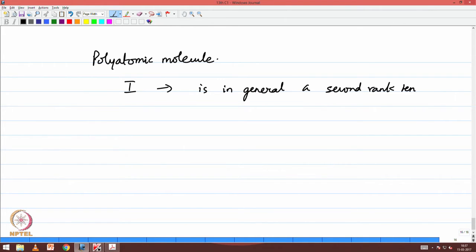Okay. A vector is a first rank tensor and in 3 dimensions has 3 components behaving in a certain way.